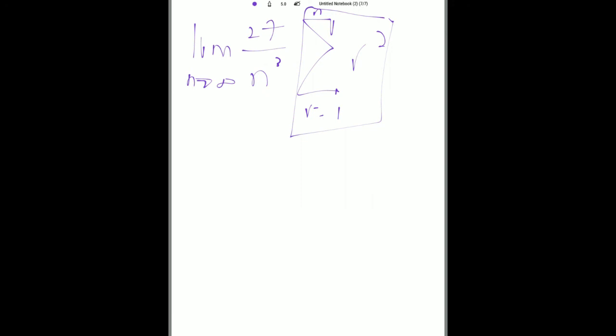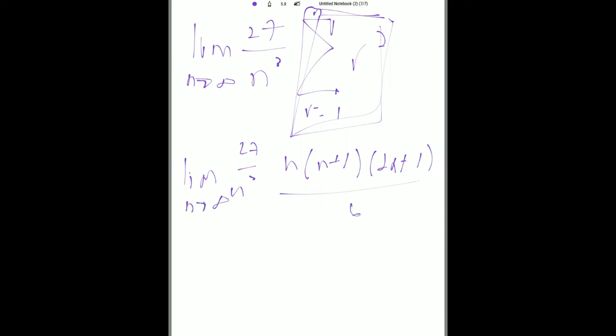So what would this be equal to? This would be n times (n plus 1) times (2n plus 1) all over 6, as n approaches infinity. For the fun of it, you can always confirm by mathematical induction that the sum of r squared from r equals 1 to n is equal to this.